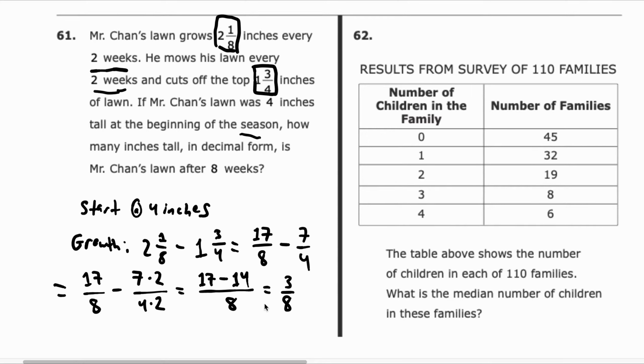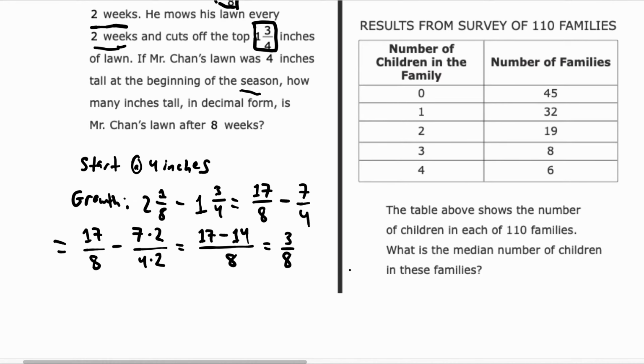So we know that the lawn grows by 3/8 of an inch every 2 weeks. Okay. And so after 8 weeks, I'll do total growth. It's going to be 3/8, and if that's every 2 weeks, then we're going to multiply by 4 to get the total growth over 8 weeks.